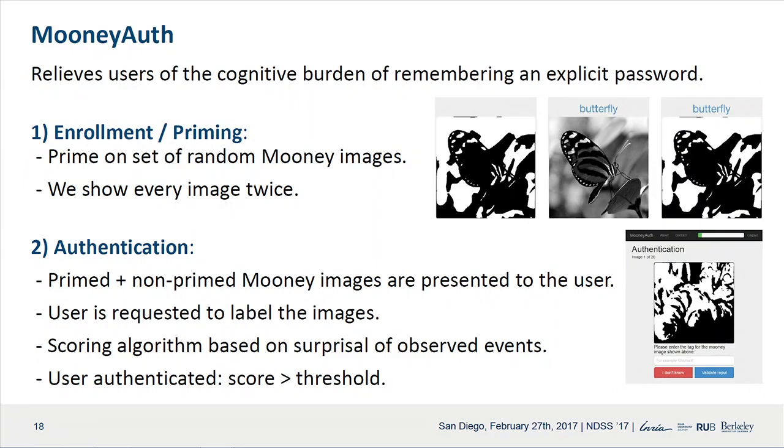In the authentication phase, there are primed and non-primed images, so Mooney Images the user has never seen before. And the user is requested to label those images. A scoring algorithm based on the surprisal of the observed events measures the performance of the user, and if the score is higher than a threshold or security level, the user is authenticated.